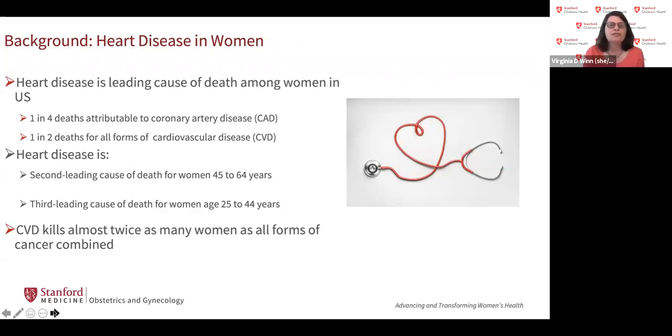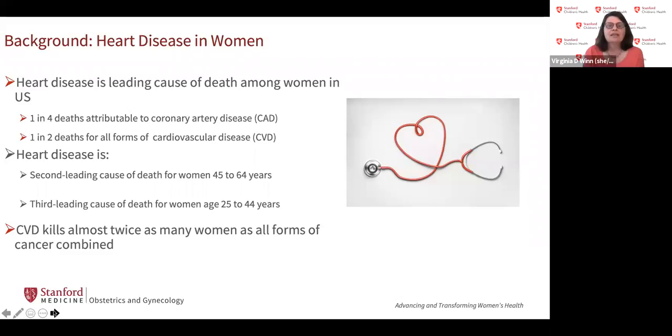One in 4 deaths is attributed specifically to coronary artery disease in women, and 1 in 2 deaths from all forms of cardiovascular disease. And this isn't just completely later life issues. Heart disease is the second leading cause of death for women 45 to 64, so just right after childbearing.